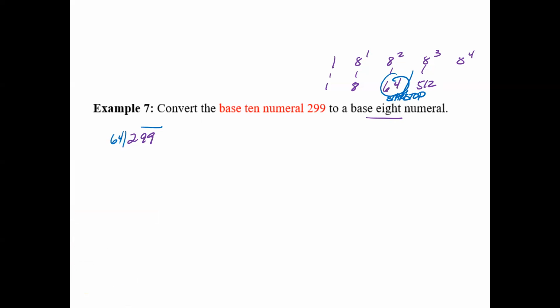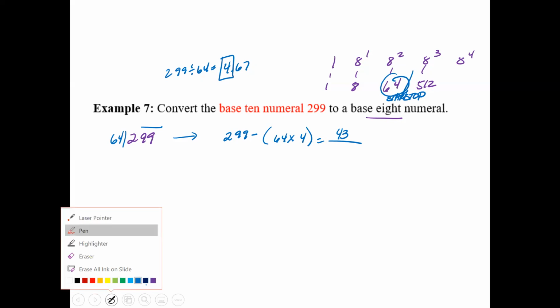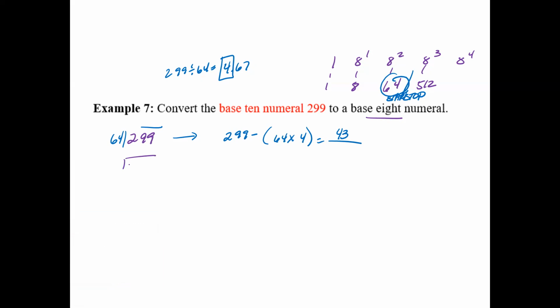So divide 64 into 299. What that means is, because if you take 299 divided by 64, you're going to get 4.67, I'm going to take 299 minus 64 times this number here, 4, which is going to give you 43. So then I'm going to start off with 43 right there.